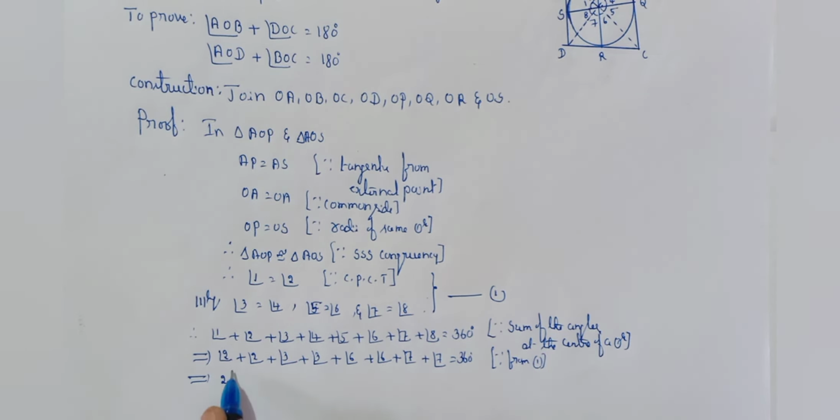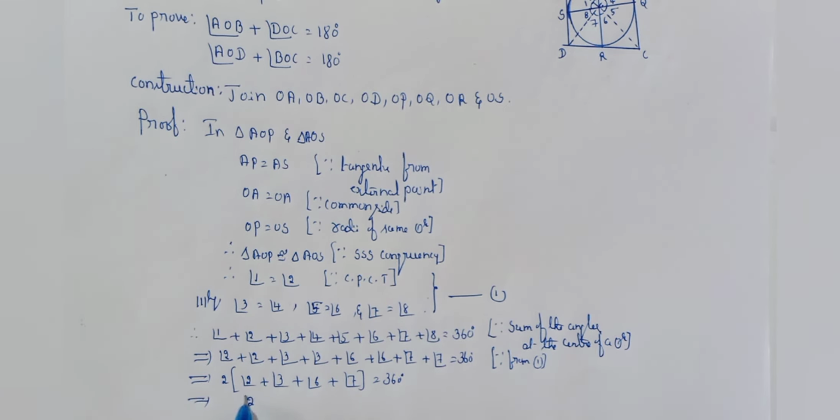Take 2 common factor: angle 2 plus angle 3 plus angle 6 plus angle 7 is equal to 180 degree.